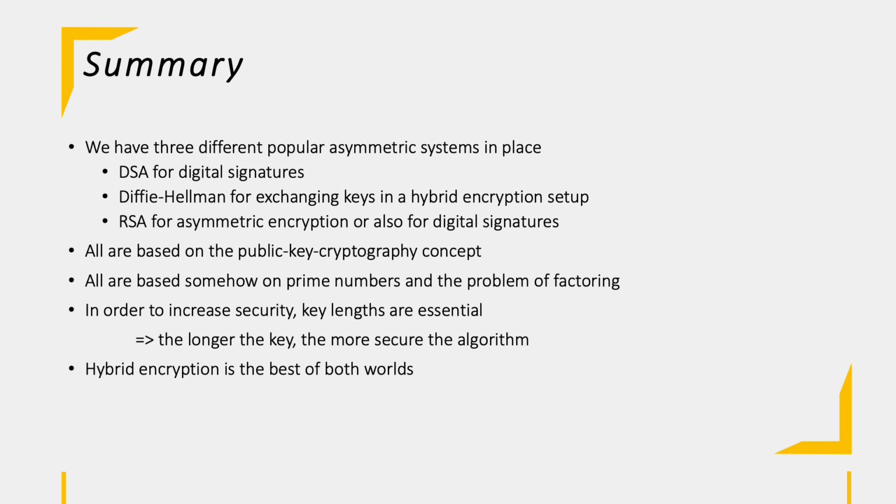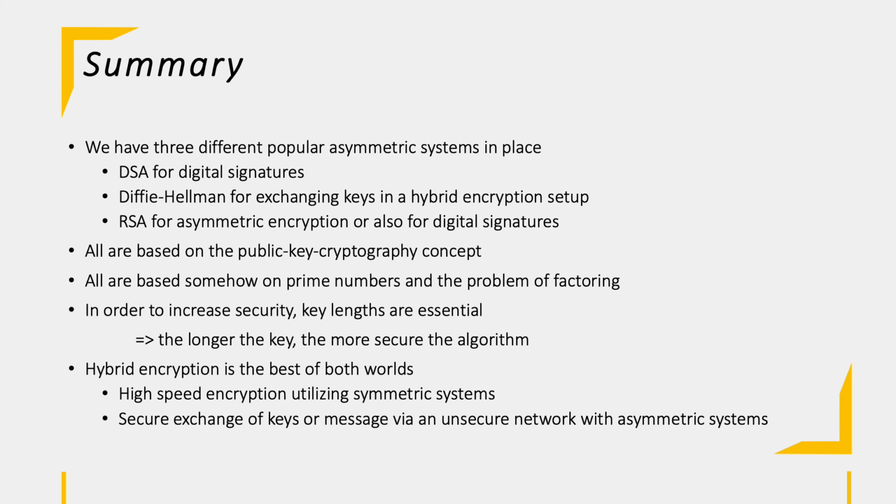And as I said, I would get back to it. The hybrid encryption mode is pretty much the best of both worlds. You have high-speed encryption using symmetric systems such as AES, for example, either as the block cipher or as a stream cipher, depending on what kind of mode of operation you're running. And you have the very secure exchange of keys or messages in general, which you can do on an unsecure network such as the internet by utilizing one of the three asymmetric systems, DSA, Diffie-Hellman, or RSA.